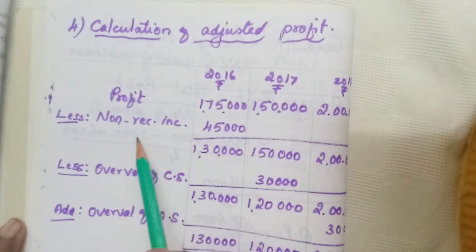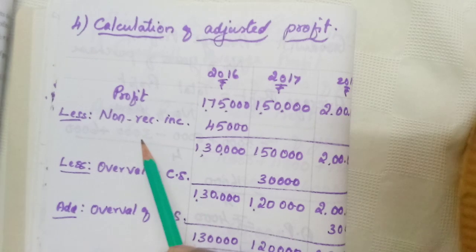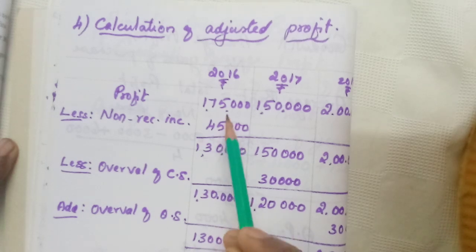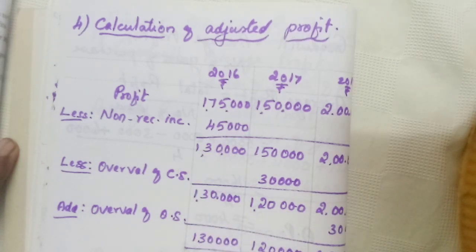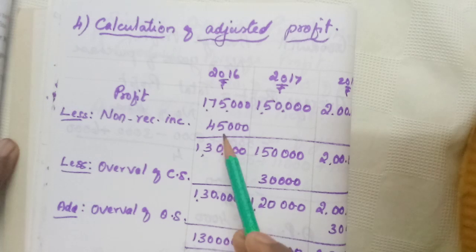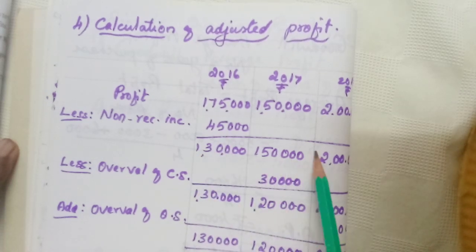Then adjustment B, what is given? A non-recurring income is included in the profit of the year 16. So we need to reduce non-recurring income. In future, if it will not arise, we need to deduct that income. Then write the amount.